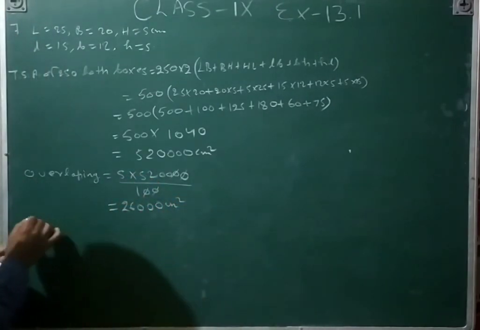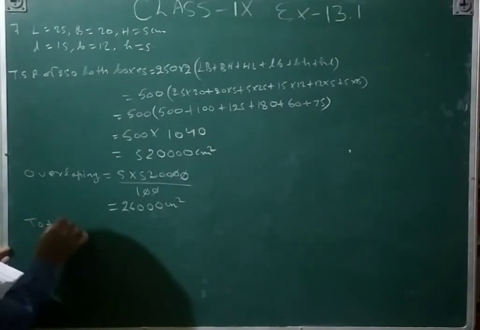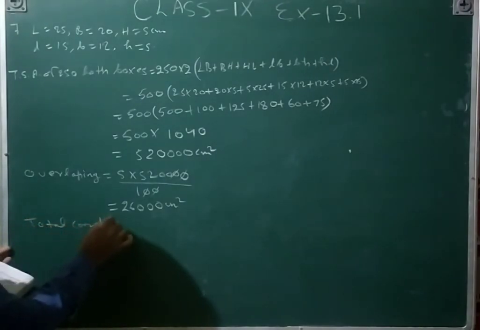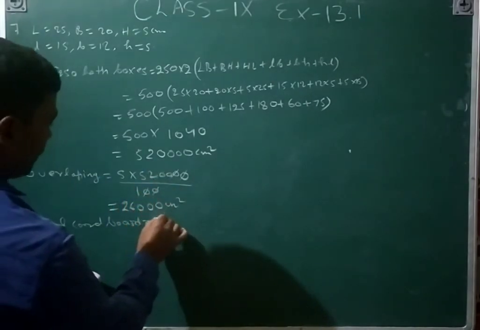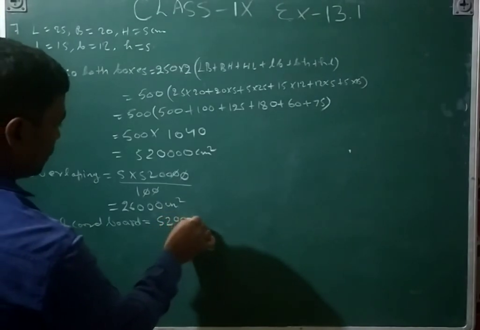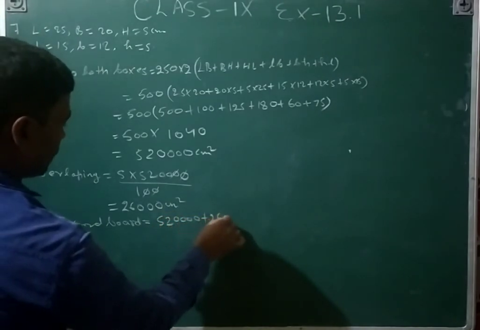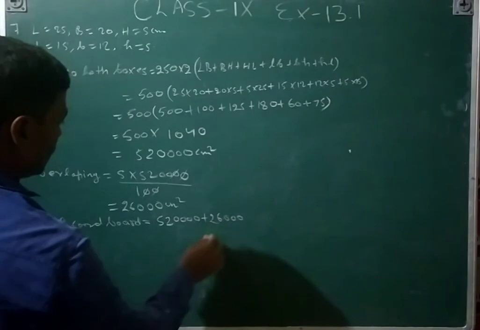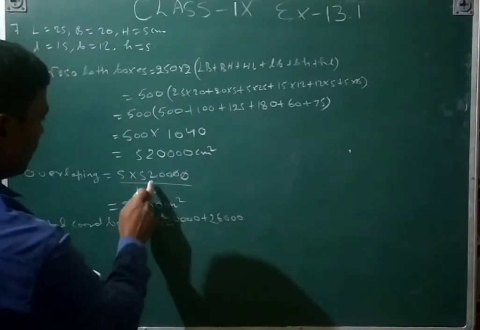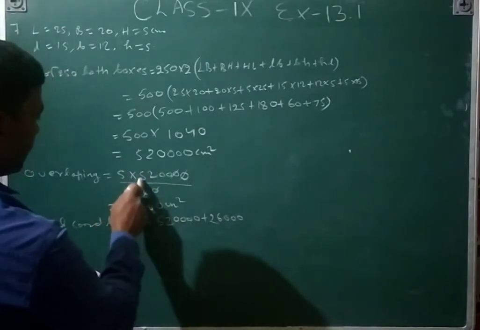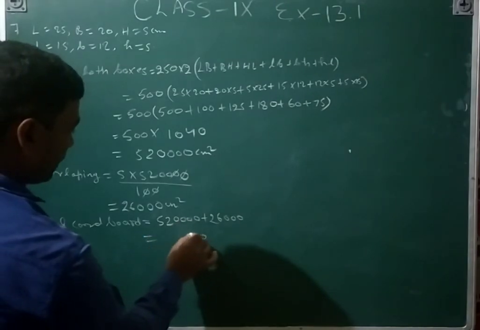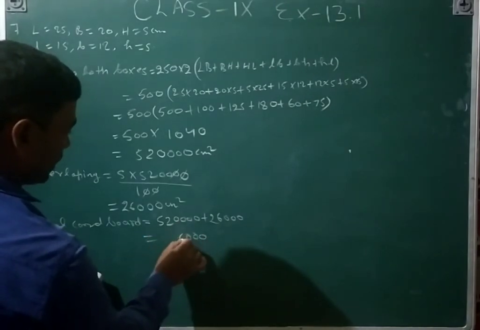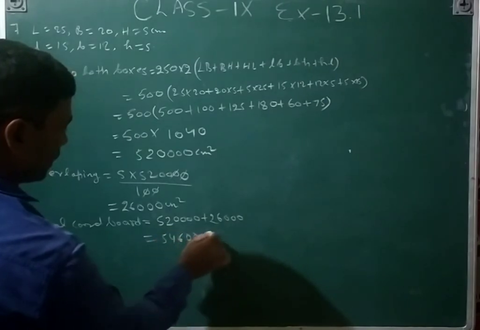So total cardboard is equal to, add both this, 52000 plus 2600, only 2 zeros are there, no, 5 2 are 10 5 5 20, yes, and then 3 0 will become same, and then 6 4 5 centimeter.